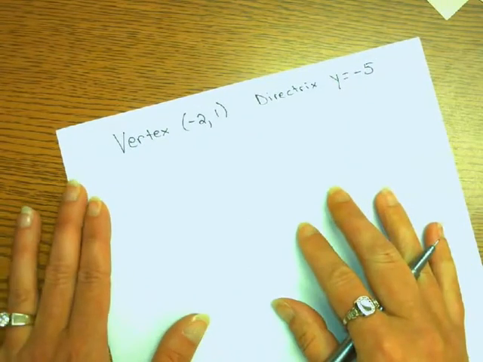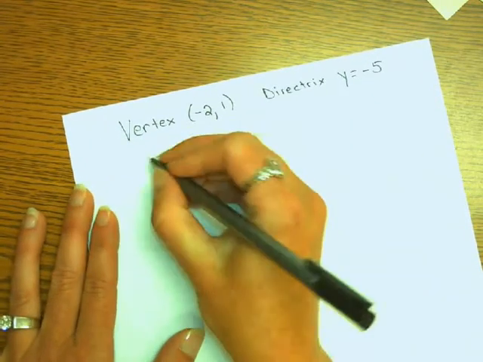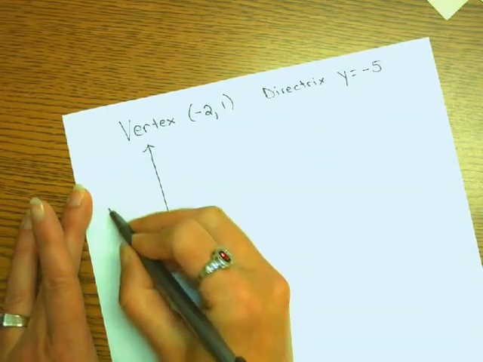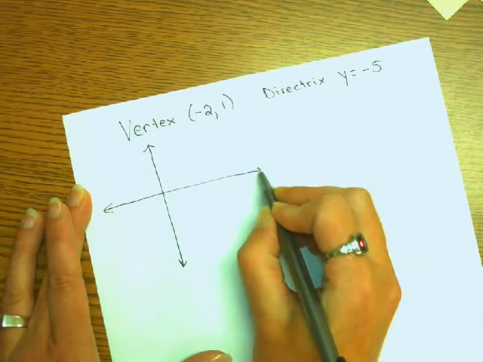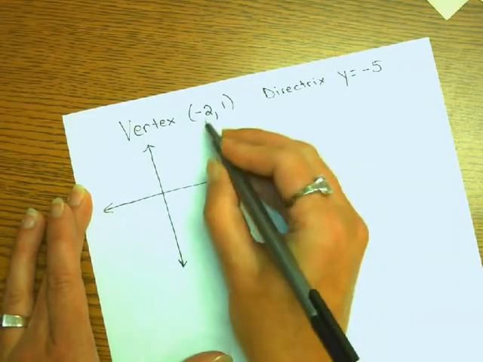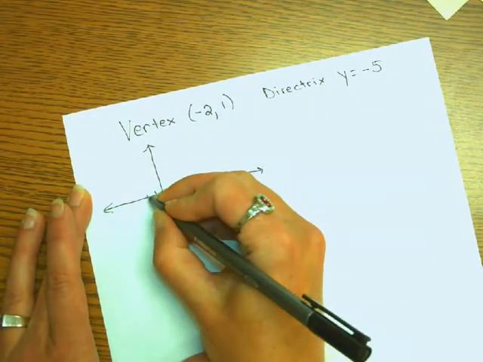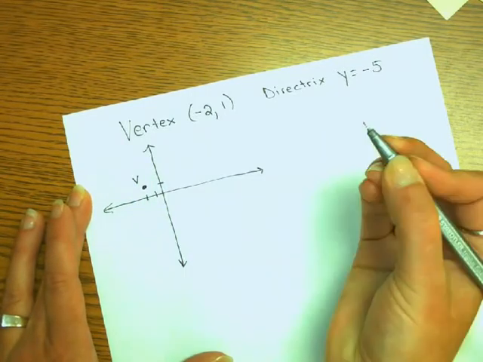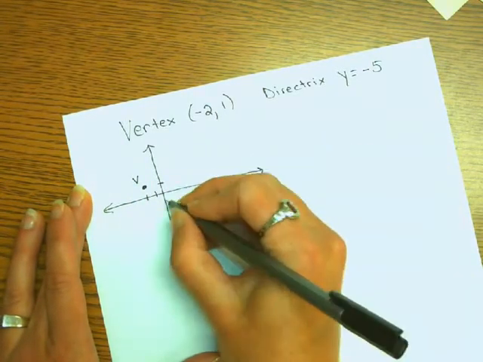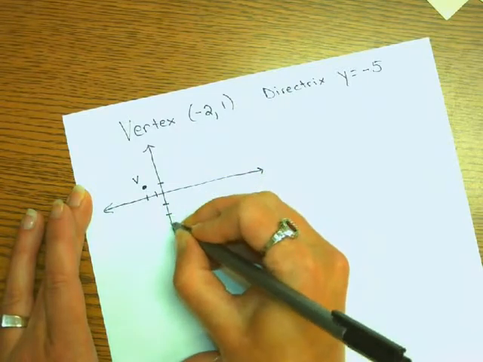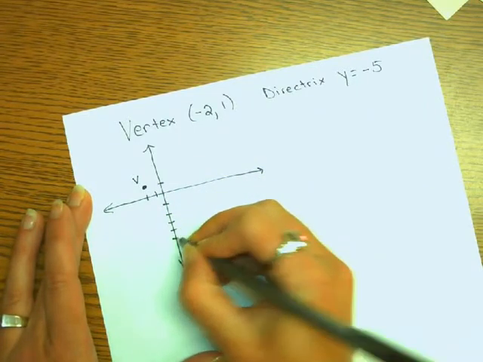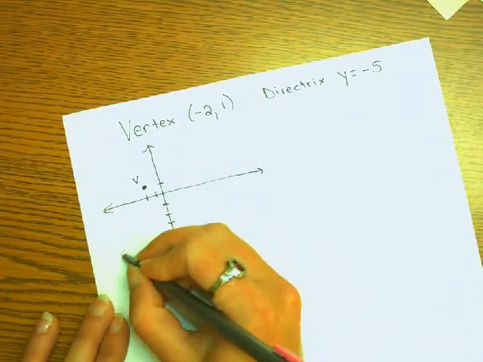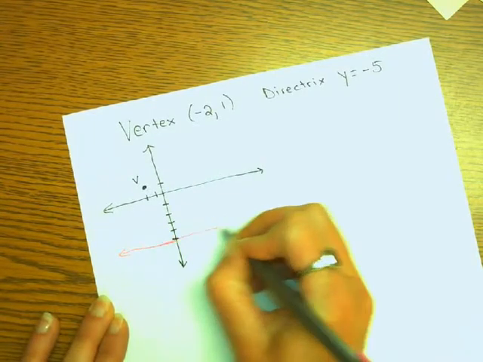Again, my suggestion is to sketch a graph. So negative 5, I need to make sure I've got enough room there. So (negative 2, 1). 1, 2, negative 2, 1's right there. There's my vertex. The directrix is at 1, 2, 3, 4, 5. That's the directrix. That's a horizontal line.